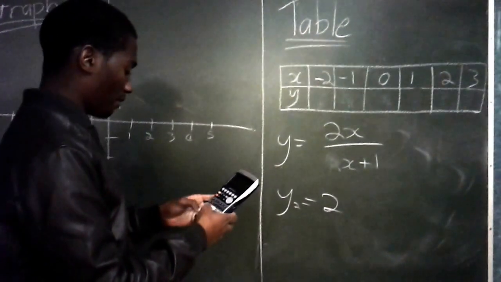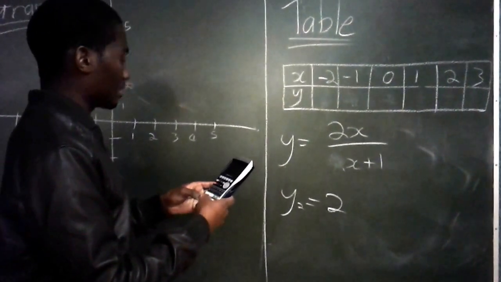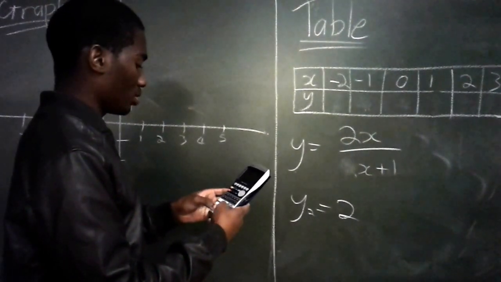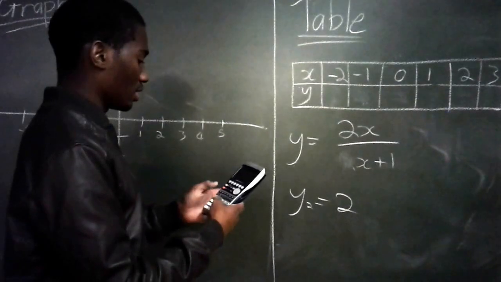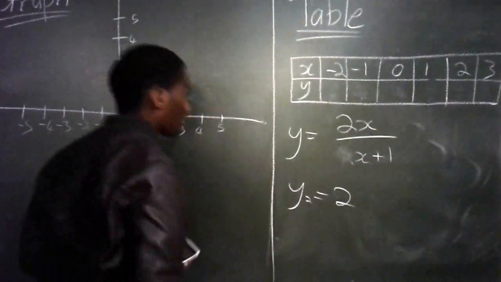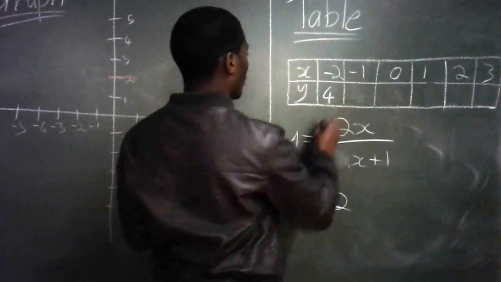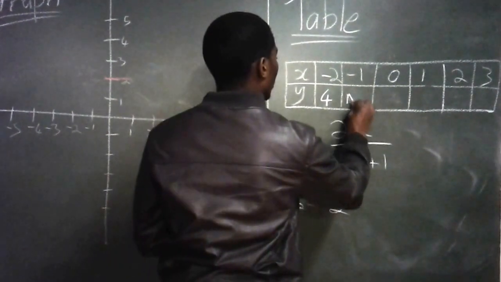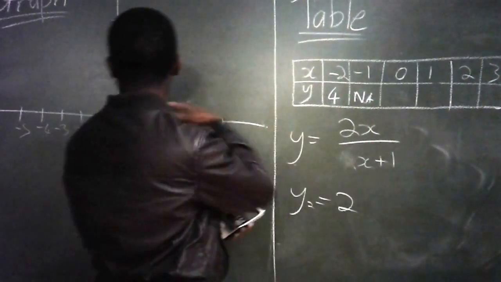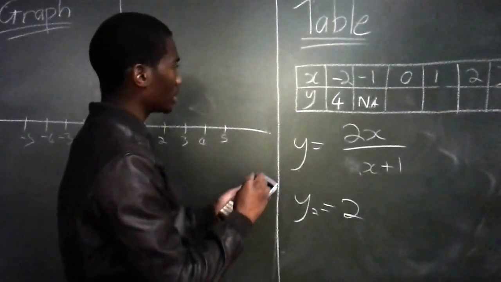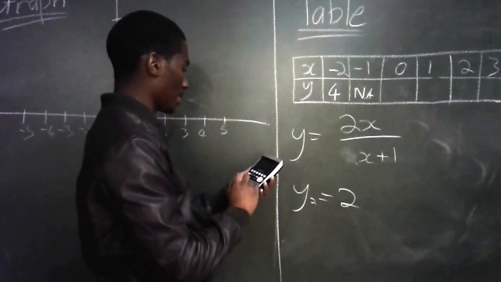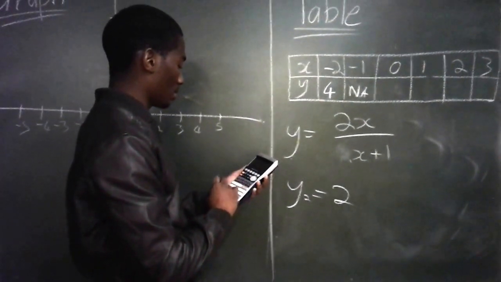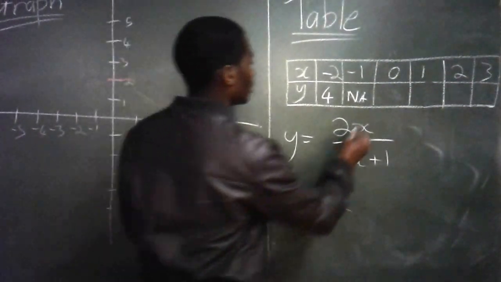So we're going to have 2x, which is minus 2, divided by minus 2 plus 1, which gives you 4. So the first value is 4. The second value is not applicable, remember, because it cannot have 0 as a denominator. And then for 0, we're going to have 0.